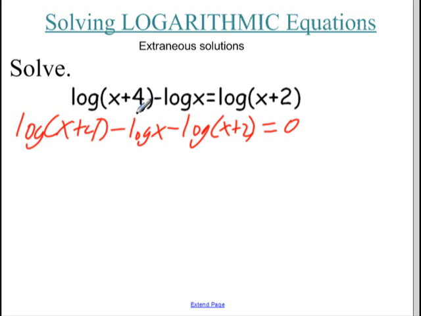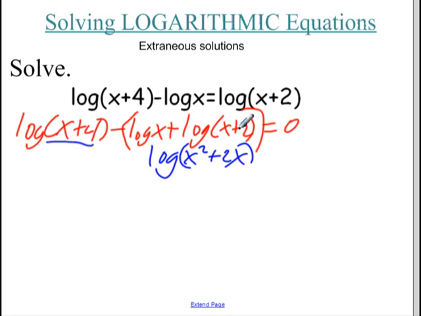Since these are both minus, have that whole thing be minus and then distribute, so it's the log of this minus that, so that we can change this part to log of x squared plus 2x, because we're multiplying together. So this becomes log of x plus 4 minus log of x squared plus 2x equals 0.